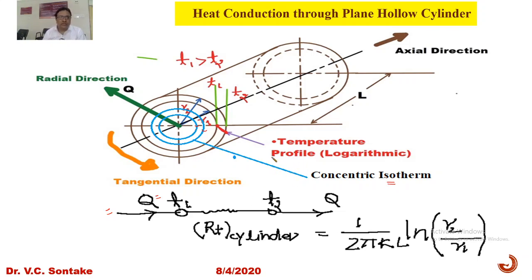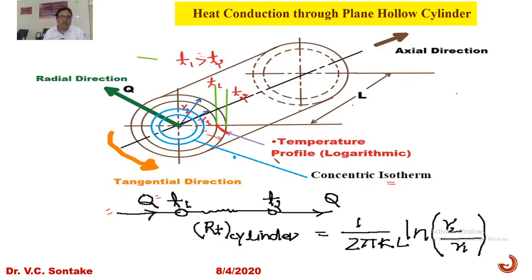Second, as heat is flowing in the radial direction, temperature at every point is changing with respect to r. So it will be maximum at the inner surface and minimum at the outer surface, because T1 is greater than T2.